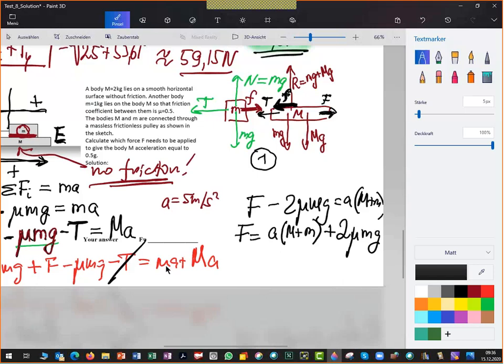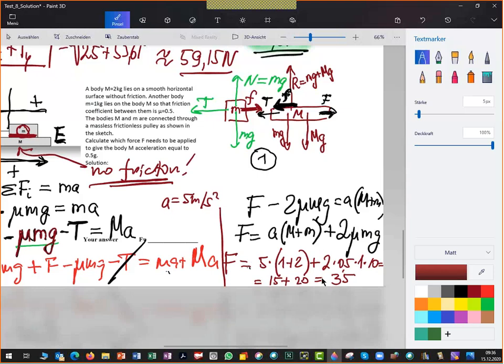And now I think we can put the numbers. F is equal to 5 multiplied by (1 plus 2) plus 2 multiplied by 0.5 multiplied by, is it 1? 1 multiplied by 10. 15 plus 20 equals 35.